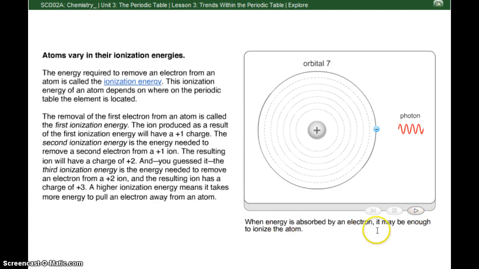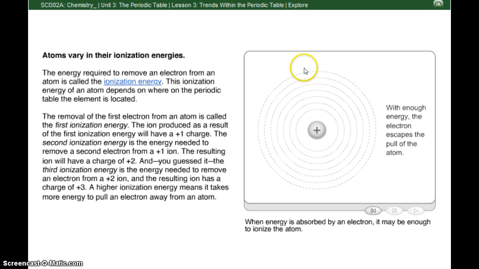When energy is absorbed by an electron, it may be enough to ionize the atom, or get rid of the electron. And now this atom has fewer electrons than protons, so it is a what? An ion, but specifically it is a cation. It's positive. So with enough energy, the electron escapes the pull of the atom.